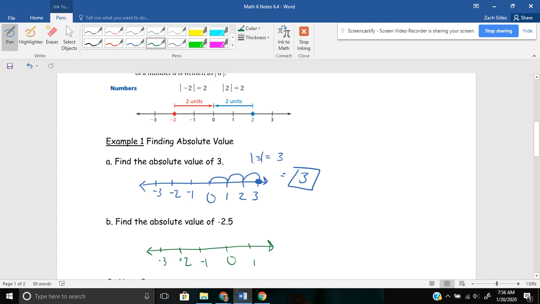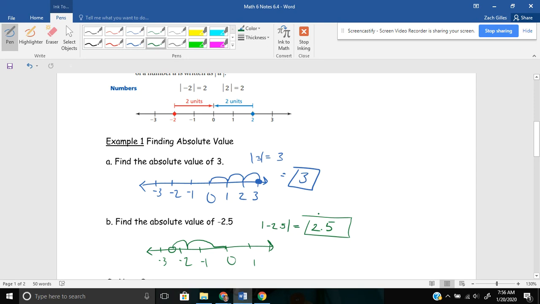And how far away is 2.5 from 0? Well, it's 1, 2.5. The absolute value of -2.5 is 2.5. It's 2.5 spots away from 0.